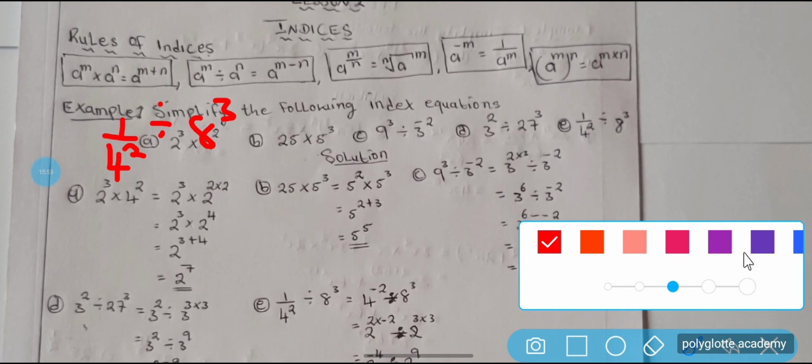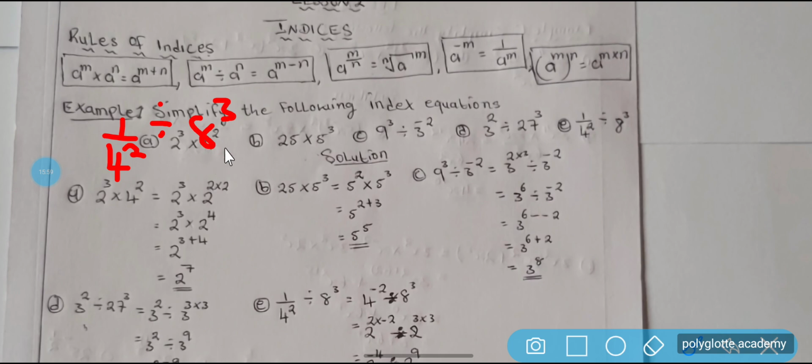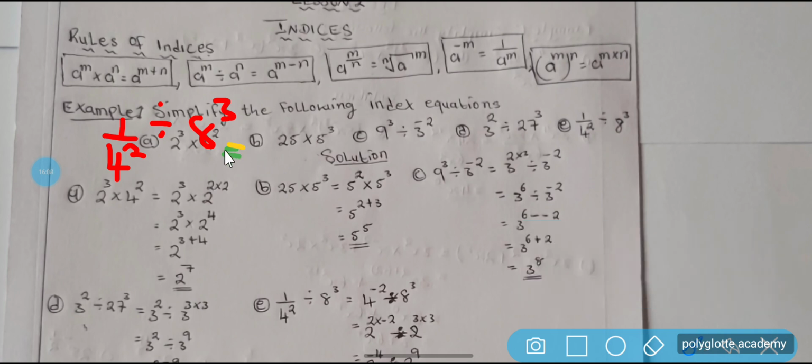So we can change the color of this pen. Let's take green. The color is not bright, so this implies better. We need to take this 1 over 4 to the power 2 up. So just like we did, there's a law that says if a to the power minus m, this means 1 over a to the power m.